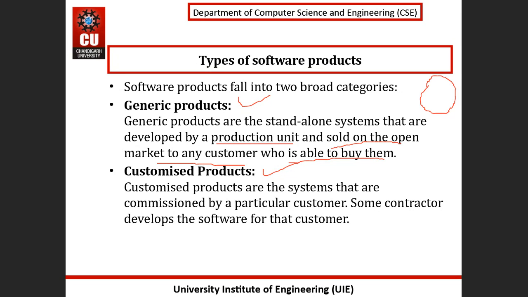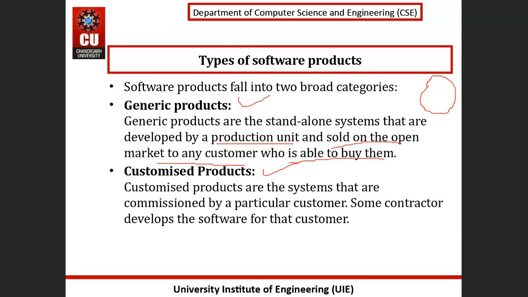You are developing an app for the healthcare system, for example. And now, after development, you launch it in the open market. Any person who wants to use it can buy it. That kind of products are generic products as per the definition of generic product.